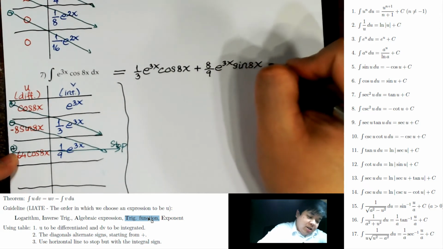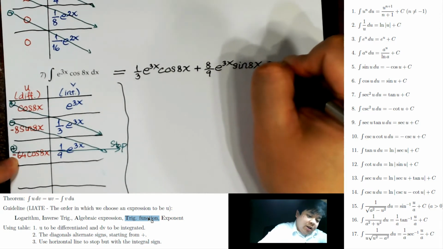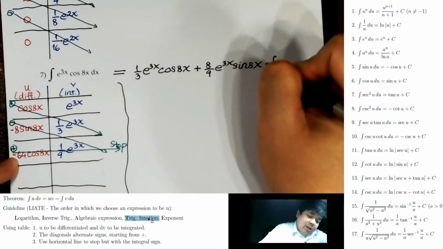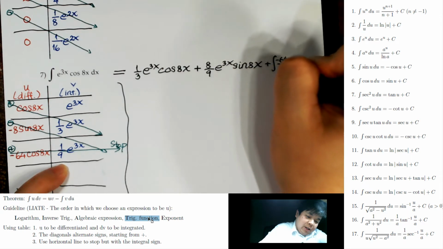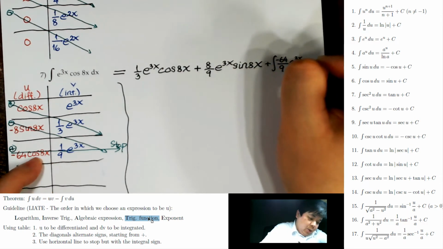And then plus both, that's just a plus, and multiplying these two, you have negative a squared over 9 e to the 3x cosine ax.